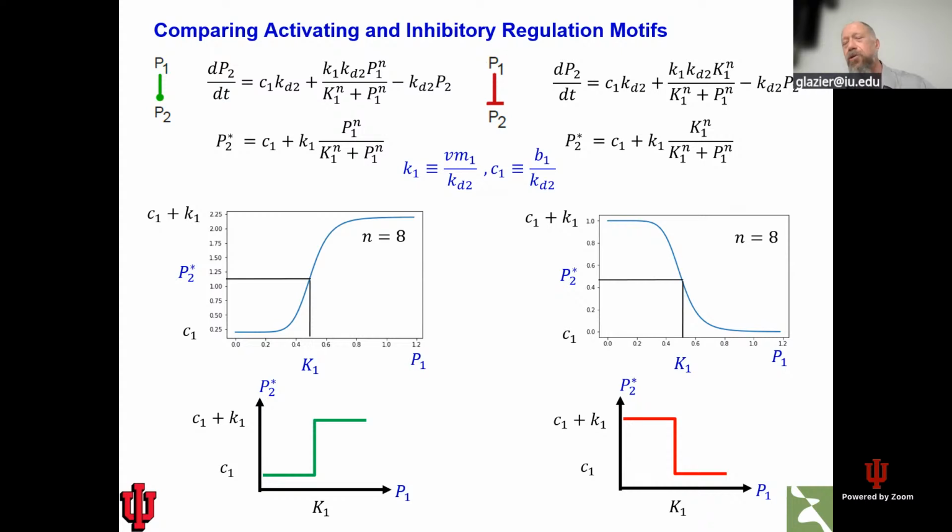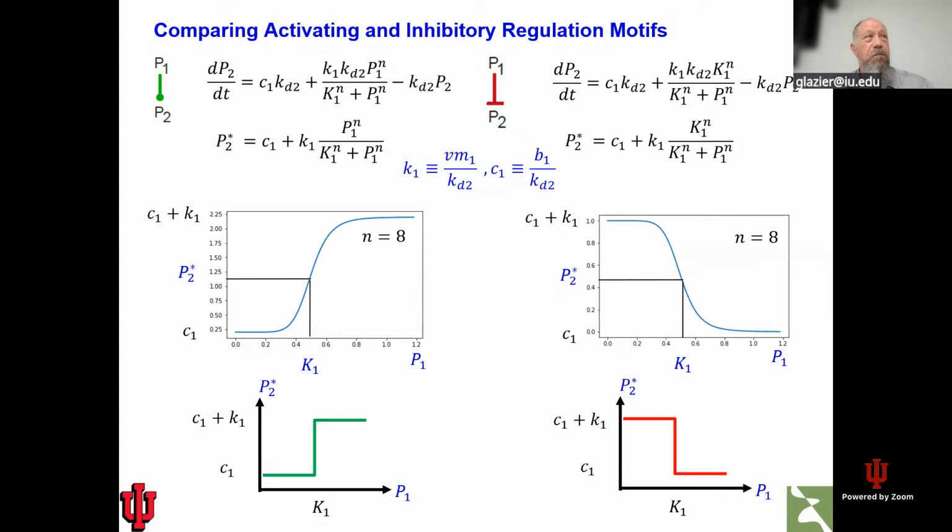I want to hear your question, but I have a feeling I know what you're going to be asking. Which is, suppose that I had P1 and P3, both of which affected the production of P2. And so you have multiple signals coming in for the same gene.